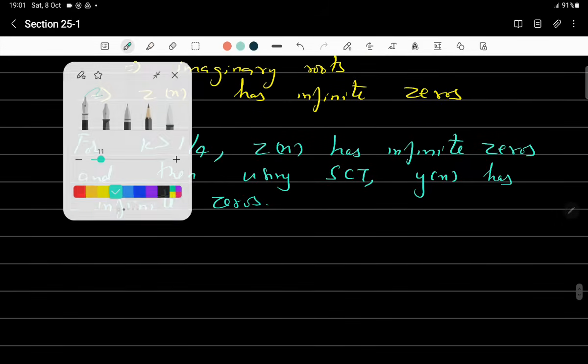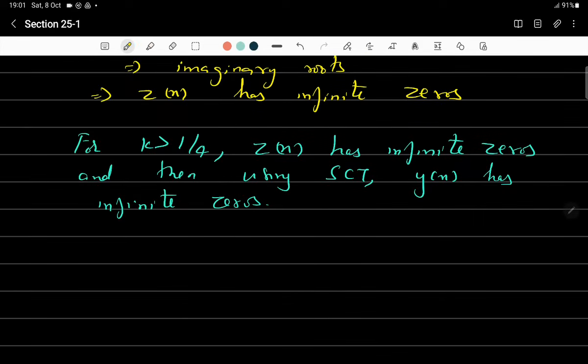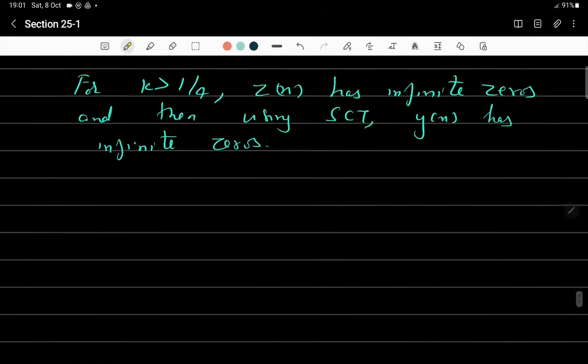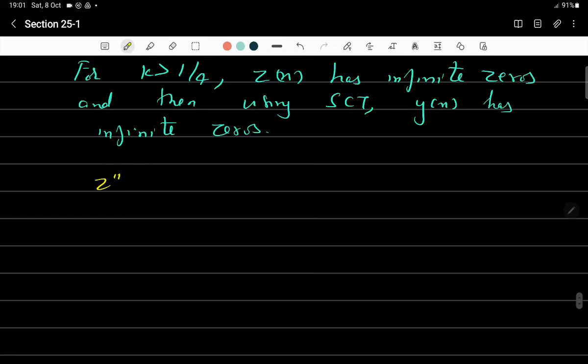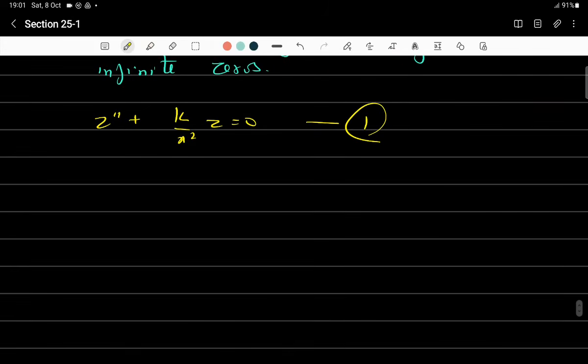Yes, so I will take the same equation which we have discussed, because for that equation we have already discussed it. So if I take the equation z'' + (k/x²) z = 0 as equation 1, because I am looking for an equation whose zeros are finite, and I should take the equation for which I have to prove the zeros are finite as equation 2.